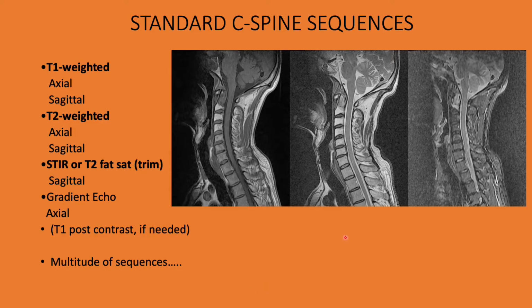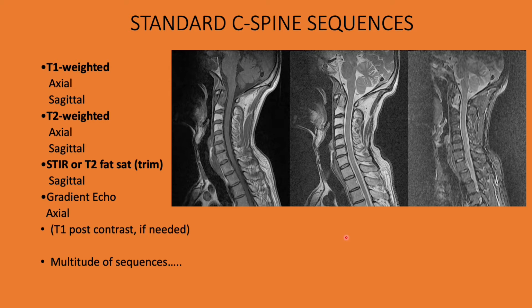There are certain standard sequences that you should know before you read an MRI. These are the T1 weighted images, axial and sagittal, the T2 weighted, which is axial and sagittal, the STIR or the T2 fat suppressed image or the TIRM image.